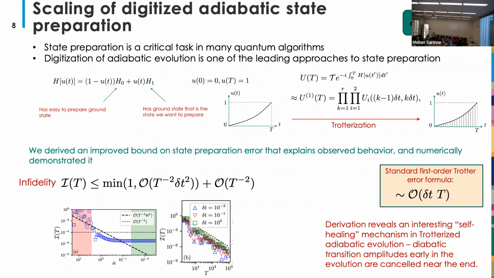The derivation of this bound is basically a perturbative analysis in the populations in the adiabatic states, and what you see is that the error is a periodic kind of behaving quantity. So mathematically, I can step you through and show you why it cancels, but I don't know if I have a physical explanation for why it cancels.